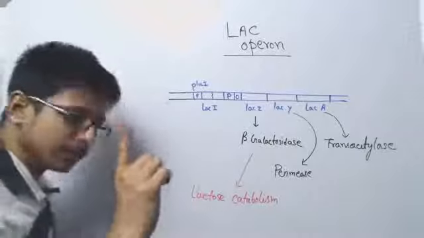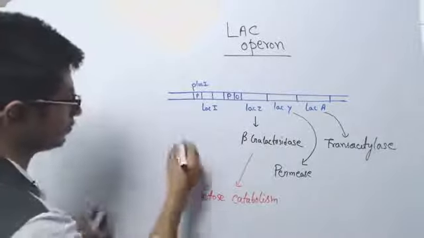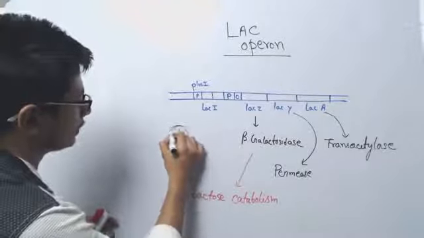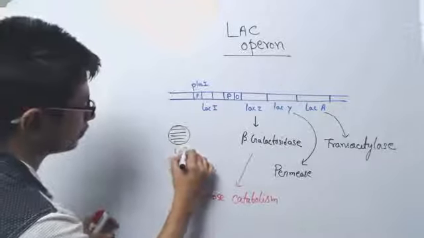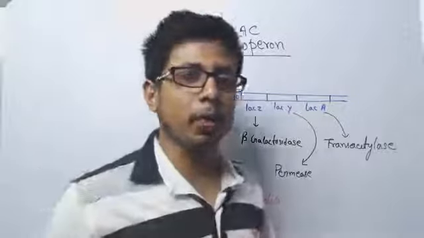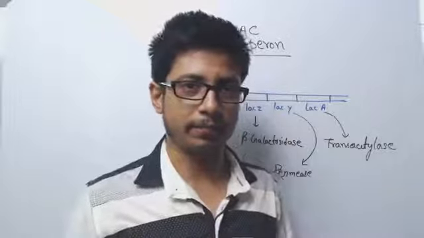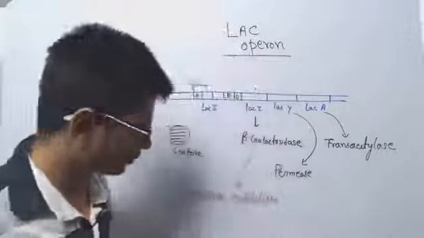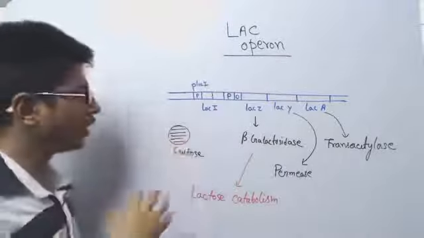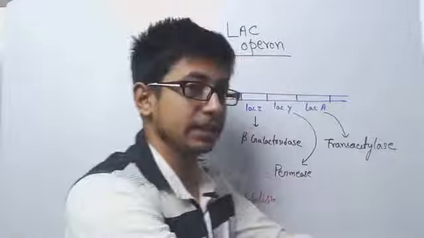So now let's imagine if we have lactose present. Let's say this is lactose. If there is lactose present, let's say in the bacterial cell, the lactose is present in the environment.